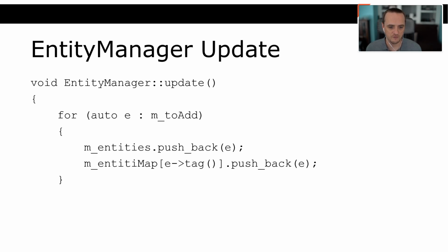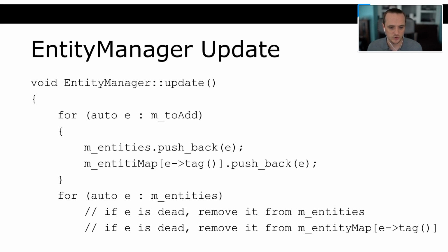Okay, so the entity manager update function now looks like this. For everything in the toAdd vector, we're going to go through and we're going to add it. And then for every entity, we say if the entity is dead, remove it from the vector, and if the entity is dead, also remove it from the entity map. But be careful, because what I've done here, now you have iterator invalidation in this place, right?